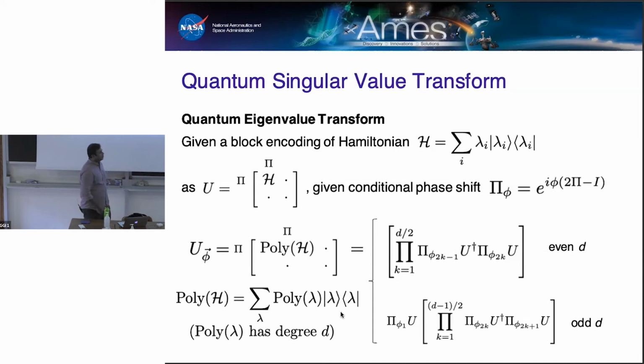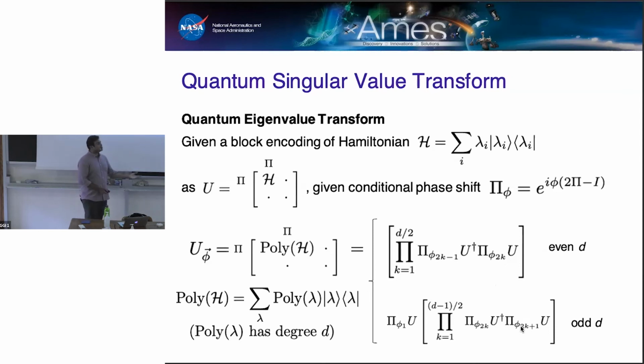And really the only conditions that this polynomial function is subject to are the conditions on P of the previous theorem, namely that it has degree D and that it has a definite parity, D mod 2. If D is even, then you would compose this particular sequence of unitaries, and if D is odd, then you would do this particular sequence of unitaries.